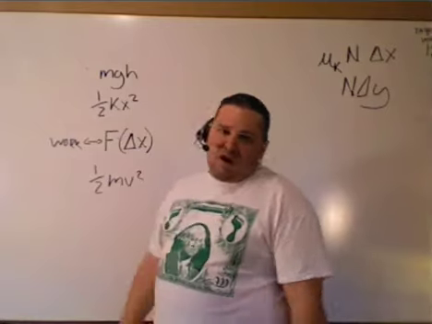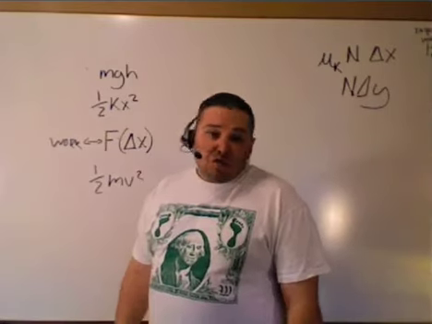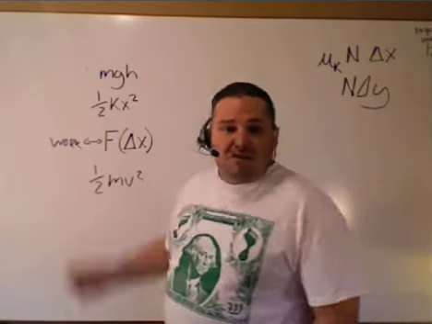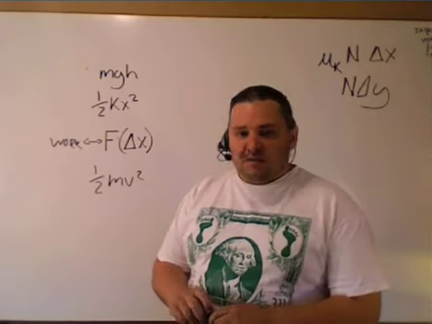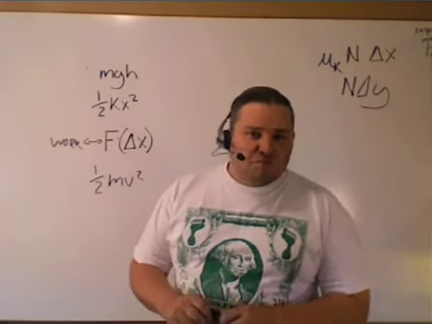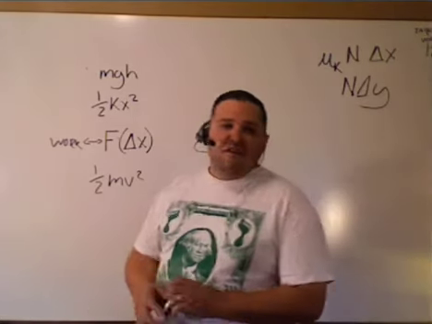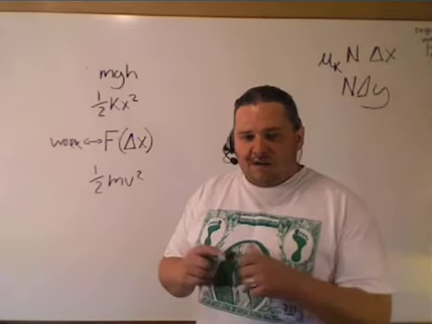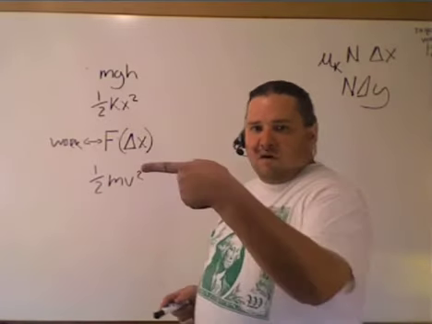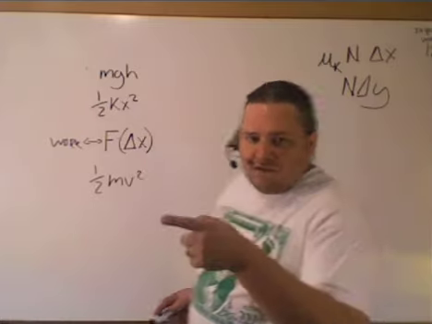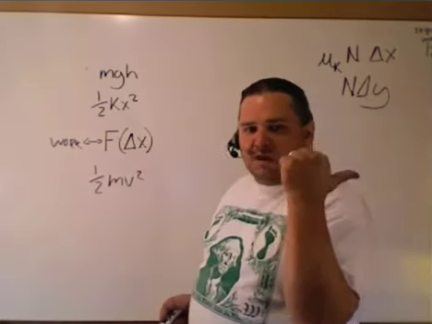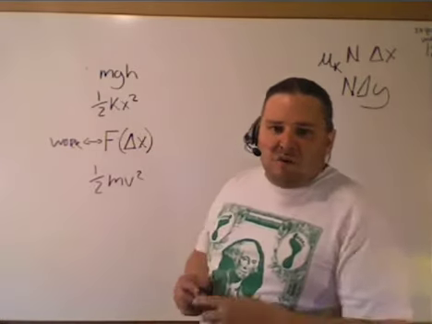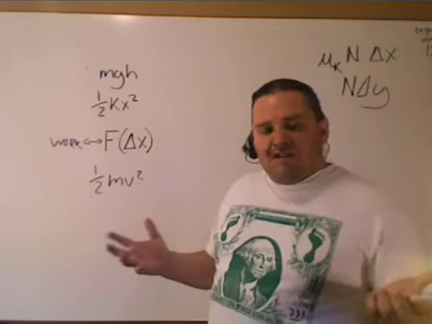The last one, 1/2 mv squared, motion. It has nothing to do with position. 1/2 mv squared has nothing to do with position, has everything to do with motion. And because it's a v squared, it gets rid of direction. If the velocity is in the negative y direction, that velocity value is negative.